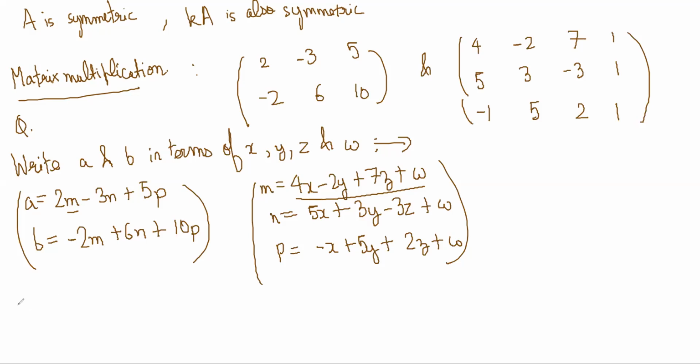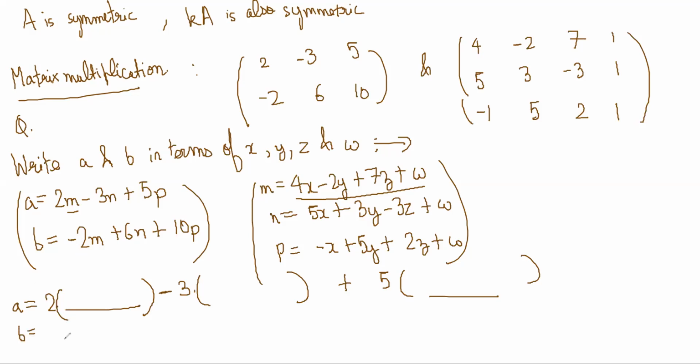To express A, you would do 2 times the m value, minus 3 times the n value, plus 5 times the p value. Correct? This is what you would have done. And similarly for B as well, you would have done minus 2 times the whole m thing, plus 6 times the whole n thing, and plus 10 times the whole p thing.